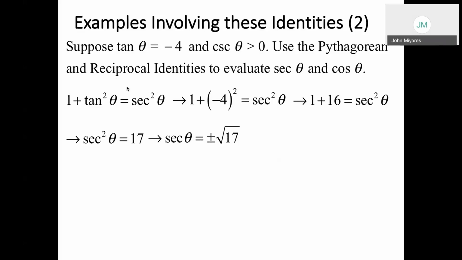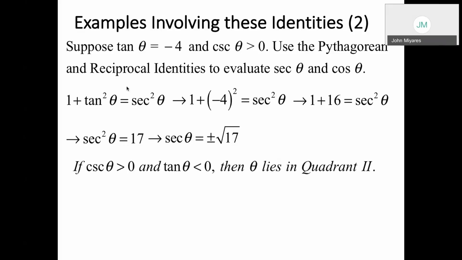Next, we have to decide whether to use the plus or the minus in our final answer. To do this, let's look more closely at the information given in this problem. If the cosecant of theta is greater than 0 and the tangent of theta is less than 0, then angle theta must lie in quadrant 2, because that is the one quadrant where both cosecant is positive and tangent is negative.